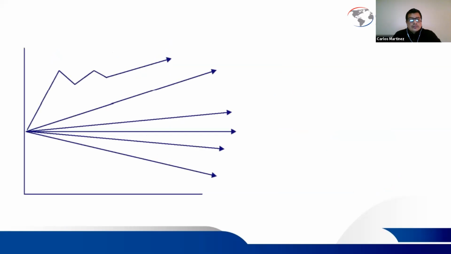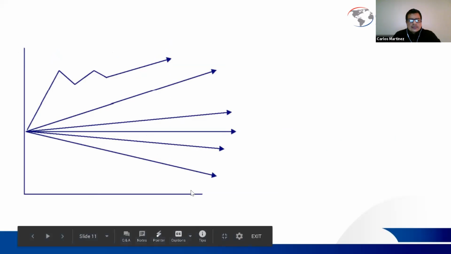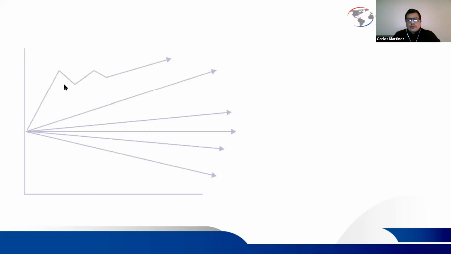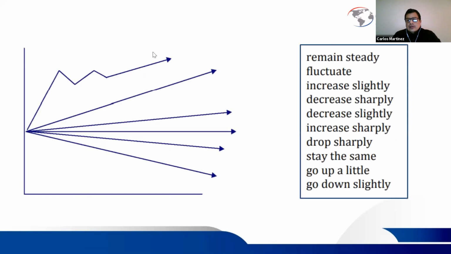Now here we have some arrows, but each arrow means a different thing. Okay, each arrow represents how something is moving. We have the y-axis here, and we have the x-axis here, and we have the different ways things can move. Okay, and here are some expressions of what these arrows mean.